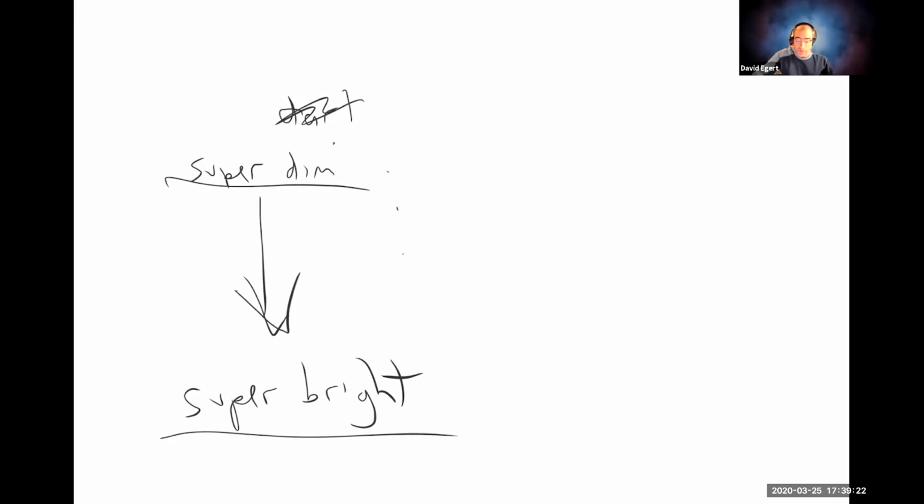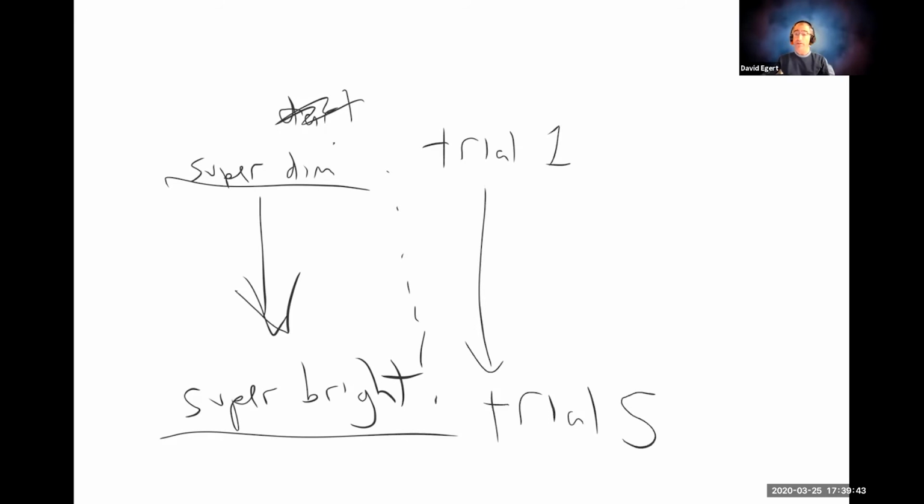If we're always going from dimmer to brighter, we would not have to worry about dark adaptation. But there's a huge problem with doing the experiment like this. Why, if we did trial 1 to trial 5, do we so not want to do this?